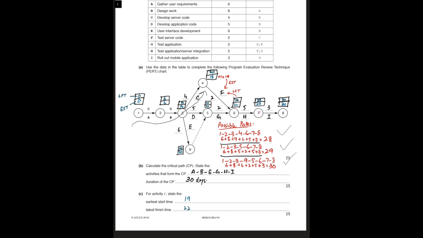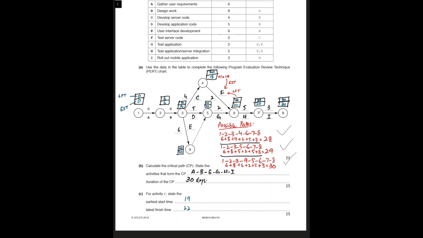So 8 and 4 is 12, and 6 more, 13, 14, 15, 16, 17, 18. 18 is the earliest finish time of activity C.